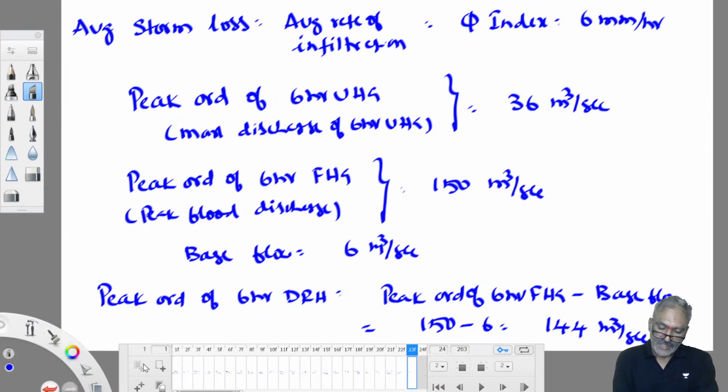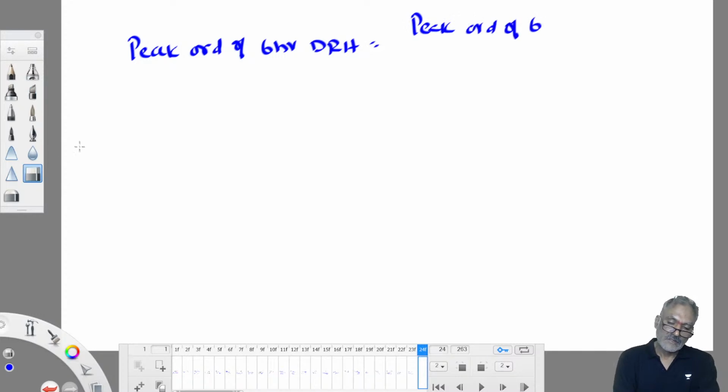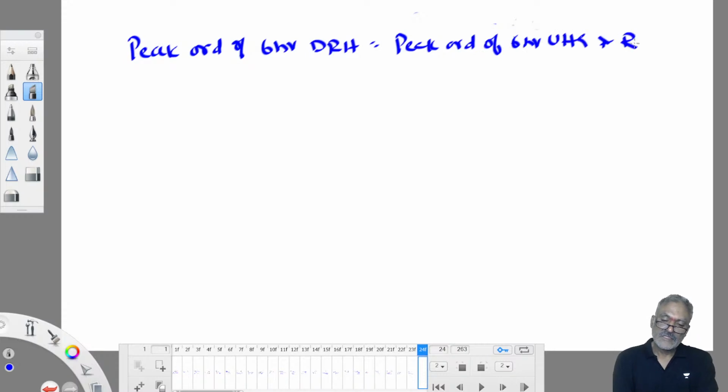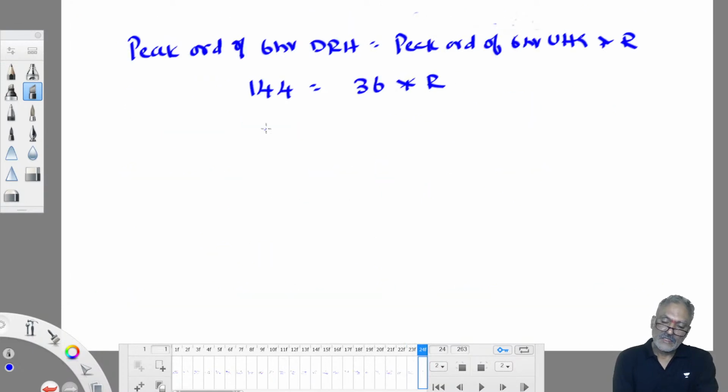Therefore, the peak ordinate of the 6-hour direct runoff hydrograph is equal to the peak ordinate of the 6-hour unit hydrograph into R. This 144 is known to you, and the peak ordinate of the unit hydrograph is also known, 36. So 144 equals 36 into R. Therefore, R is equal to 144 by 36. It is 4 centimeter.